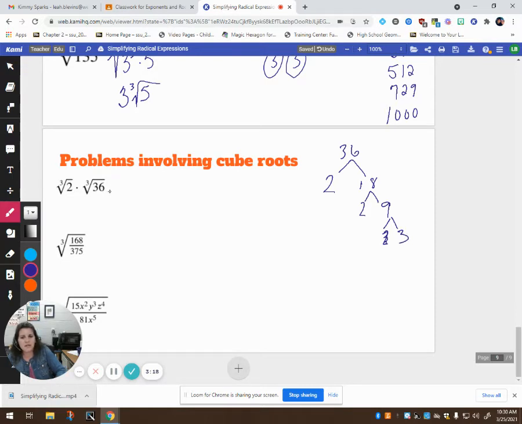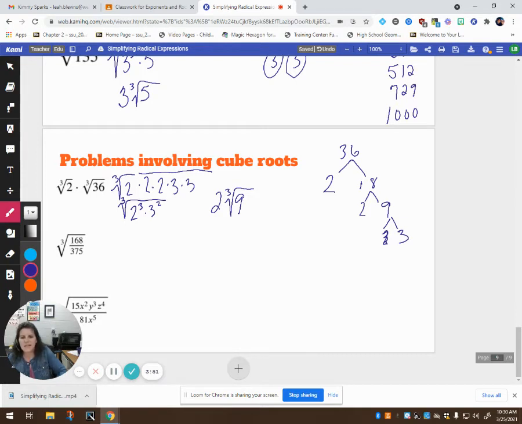So we've already got this cubed root of 2, and now 36 is the same as 2 times 2 times 3 times 3. How many 2's do we have? Yay, we have 3 of them. So I'm going to rewrite this as 2 cubed times 3 squared. The cubed root and the cube on the 2 cancel out, and I'm left with 2 times the cubed root of 3 squared, or 9. And that is the simplified version.